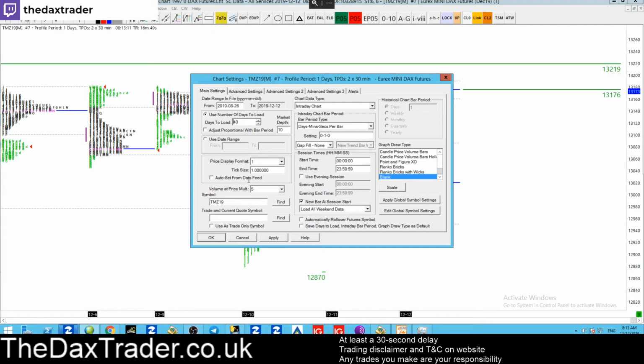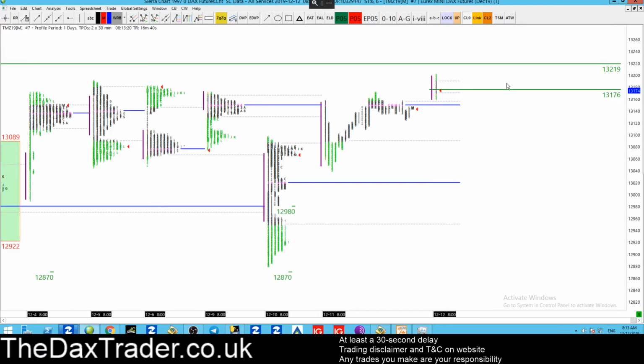Hopefully that makes sense. And I'm just going to change that back. There we go. All right. So an area to watch out would be this one, 149, and to the downside even further would be 13 and 20.